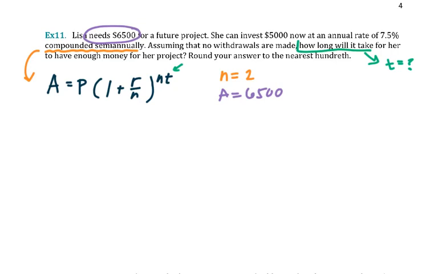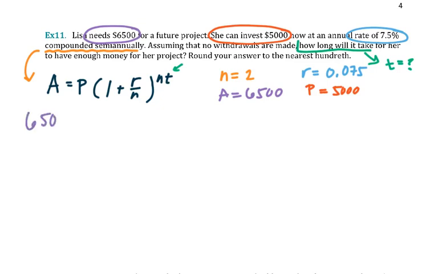And we know what she has to invest. She has $5,000 as her principal. And then lastly, we know our interest rate. Our interest rate, r, is going to equal 0.075.